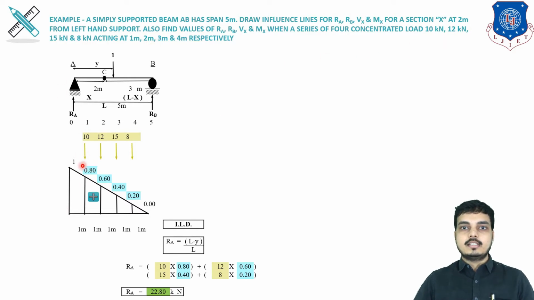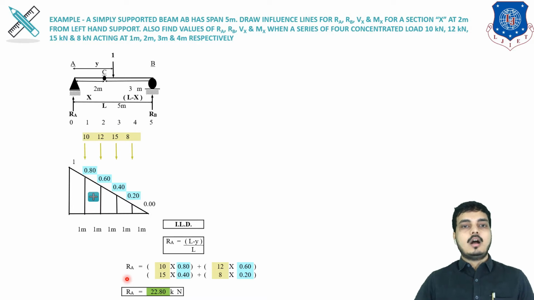At 2 meter it is 12 kilonewton, at 3 meter it is 15 kilonewton and at 4 meter it is 8 kilonewton. Now these 4 concentrated loads are acting at these respective distances. Now we have to find the values. So we have drawn the ILD for RA. So with the help of this diagram, we will be finding out RA for these 4 concentrated loads.